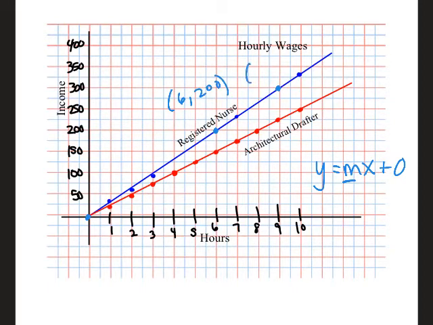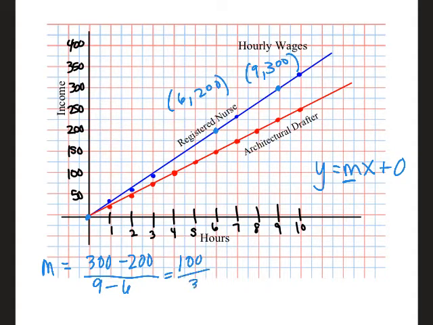This one is 9, 300. All right, so my slope is y minus y over x minus x, which is 100 over 3, which is 33.3, repeating. That's dollars. That's how much a nurse makes per hour. So y equals 33.3x.